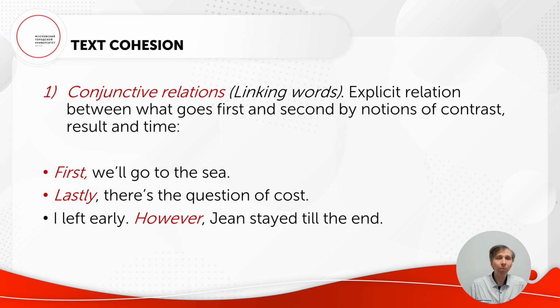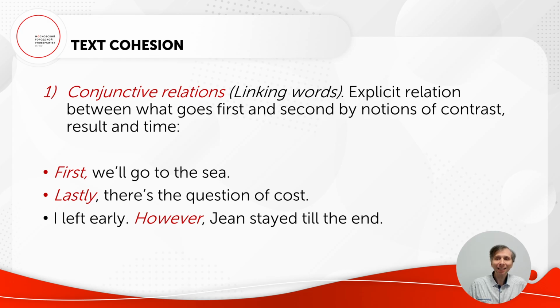The first type of cohesive elements are the conjunctive relations between words, between sentences. We most often deal with them as linking words. And this is especially important for teachers to keep in mind because, for example, in the state examination, this is something that we teach our students to recognize and to see these relations between the sentences.